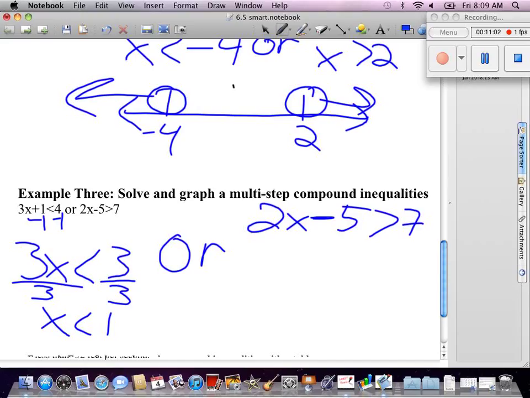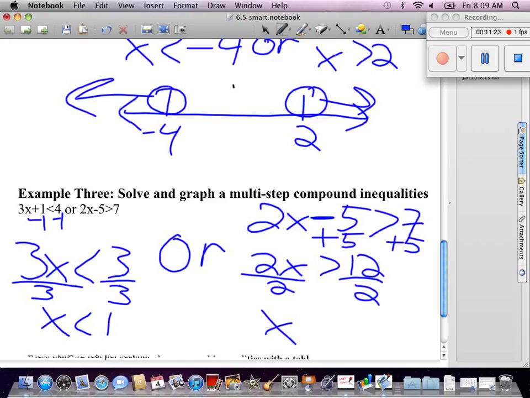My first step is going to be, what do I do first? Add 5. Good. So I'm going to get 2x is greater than 12, and then my next step is to divide by 2. So I get x is greater than 6.